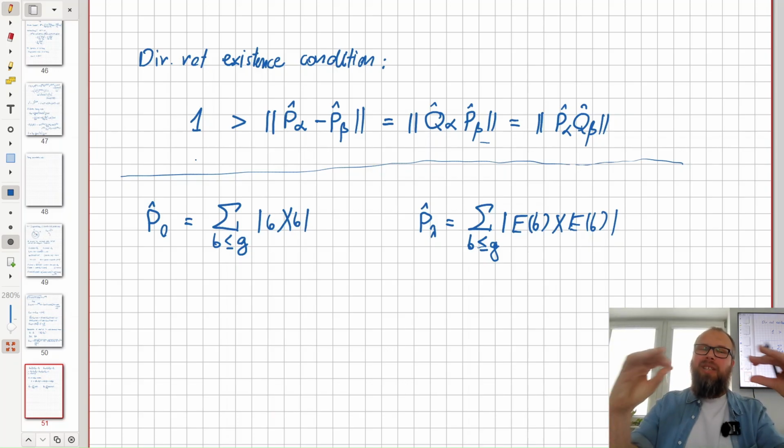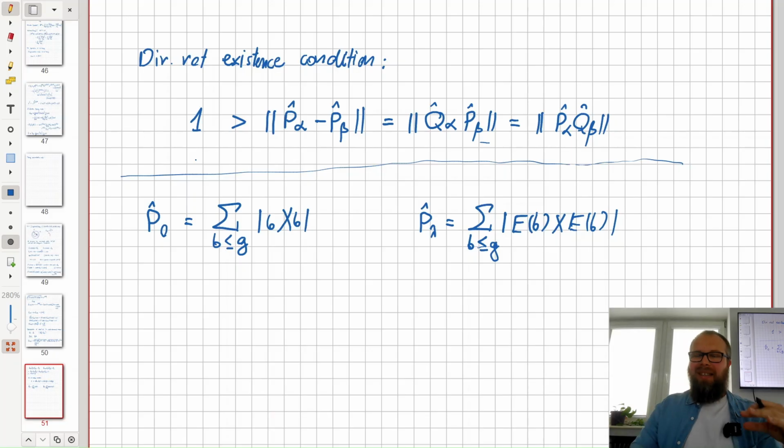So those are two projection operators. If the strength of the perturbation is smaller than the gap, we already talked about this, it will preserve the gap for the perturbed Hamiltonian as well, which automatically also means that the dimension of this subspace will be the same as the dimension of this subspace.